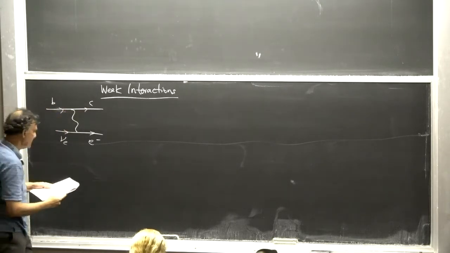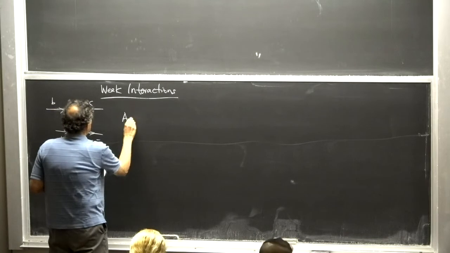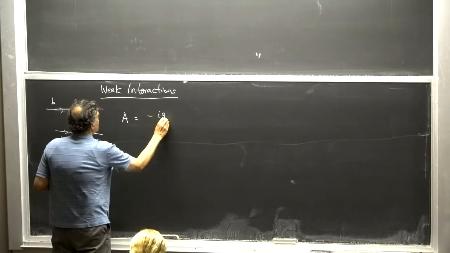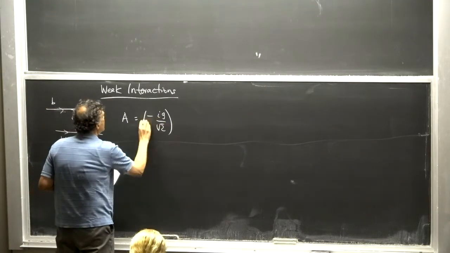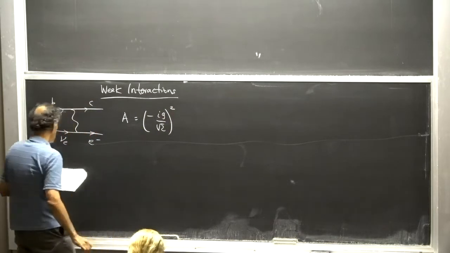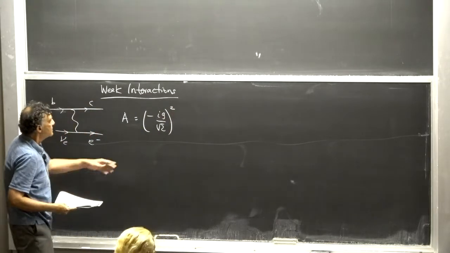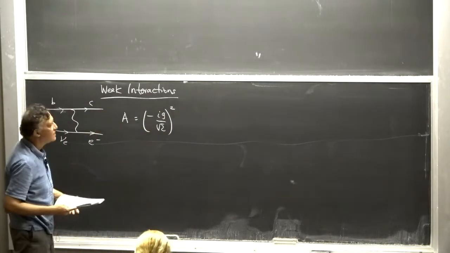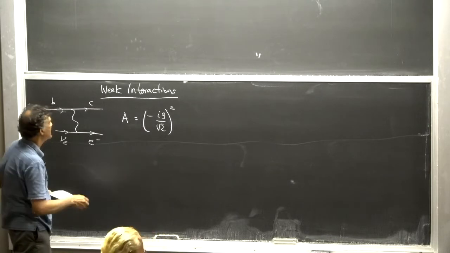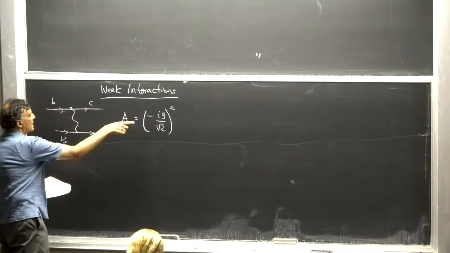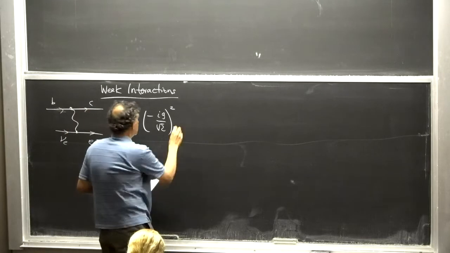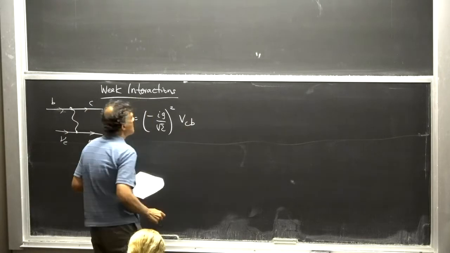And the amplitude here is minus ig over root 2, squared. The root 2 is just historical, for the weak coupling, the W coupling. And then you get a V_cb.